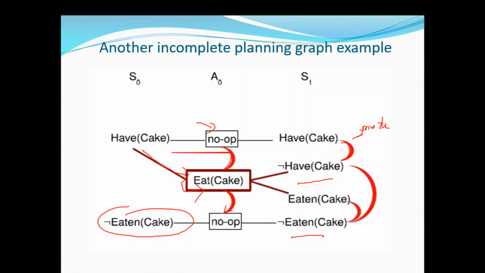So not have cake and not eaten of cake both contradict each other. Similarly, eaten of cake and not eaten of cake also contradict each other. So wherever these arcs are specified, it represents that those actions are mutually exclusive. Okay.